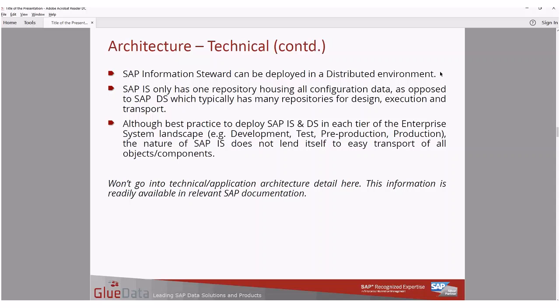Okay, in terms of configuration, Information Steward has what we call a repository. That's a database that houses all your config. All your rules that you create, all the metadata that you've imported about the data structures, how you've designed your scorecard, that's all config. Information Steward, in essence, doesn't hold data. I'm not extracting data into Information Steward as such. I plug Information Steward on top of my data set.